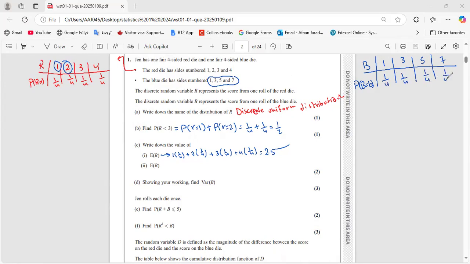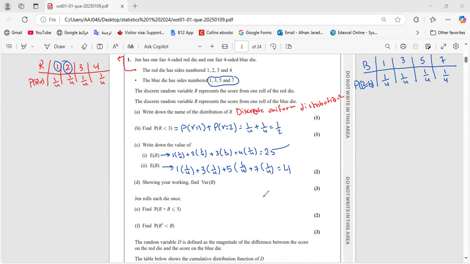So the expected value of B is 1 multiplied by 1 over 4 plus 3 multiplied by 1 over 4 plus 5 multiplied by 1 over 4 plus 7 multiplied by 1 over 4, and the answer is 1 over 4 plus 3 over 4 plus 5 over 4 plus 7 over 4, which equals 4.